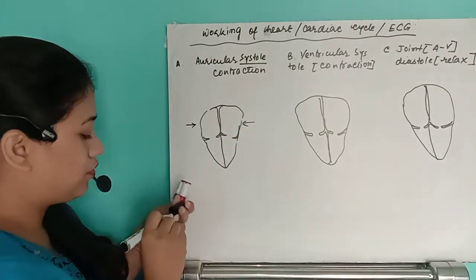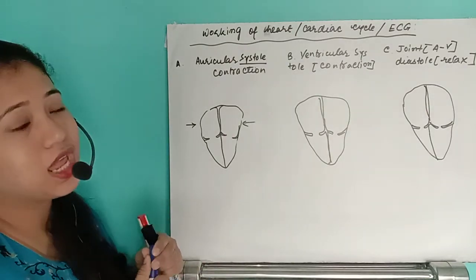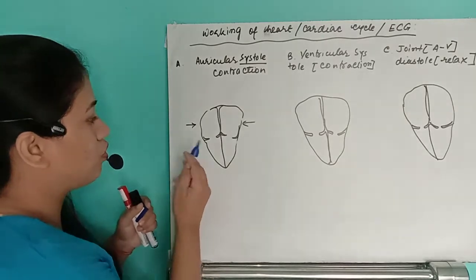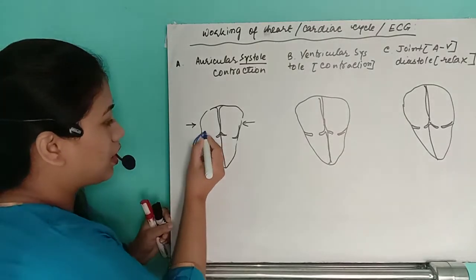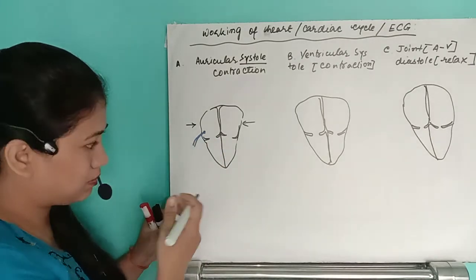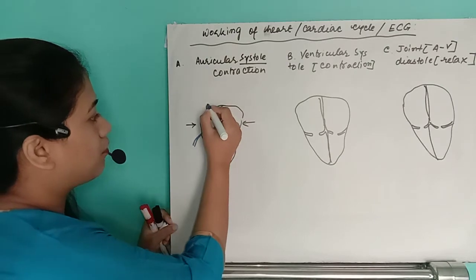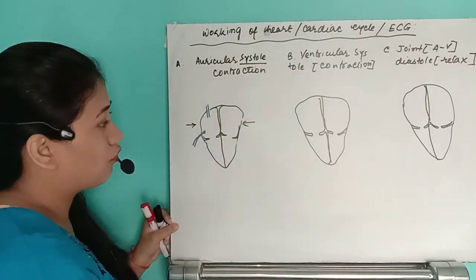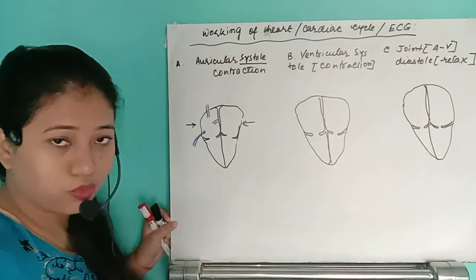See, all the blood vessels already have collected the blood in both the two auricles. That means from this side, this is the inferior vena cava that also is taking the blood into the right auricle. From the above also, that is superior vena cava, and this is for the heart itself, that is known as the coronary artery.